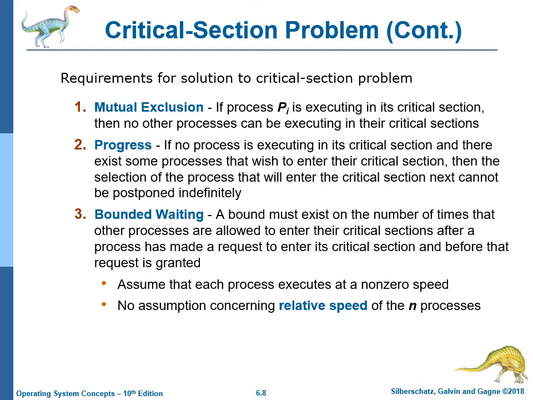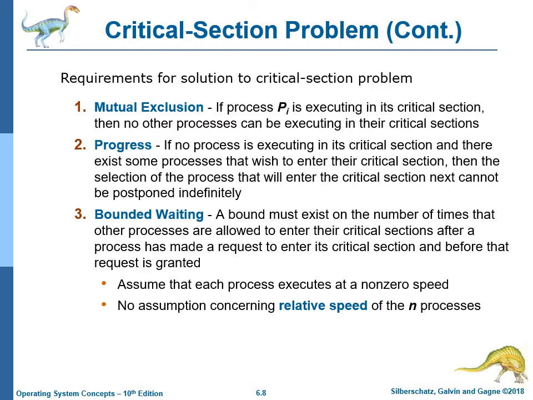So the progress: if no process is executing in its critical section and there exist some processes that wish to enter the critical section, then the selection of the process that will enter the critical section next cannot be postponed indefinitely. So syarat yang kedua dalam critical section problem, we have progress.